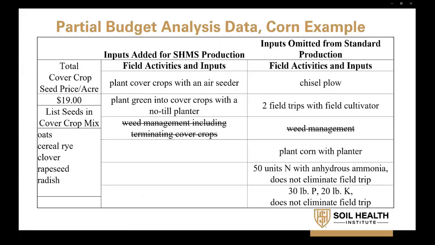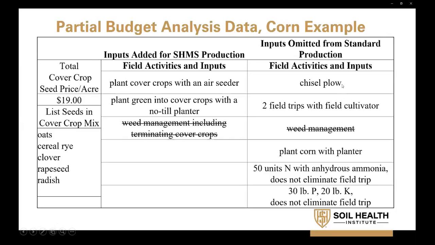This is an example of the way the data are collected from the farmers as we conduct the interviews. This will be an example for corn, a farmer going from conventional tillage to no-till with cover crops. When the farm ceased conventional tillage, these were the omitted practices. These are the expense reductions.